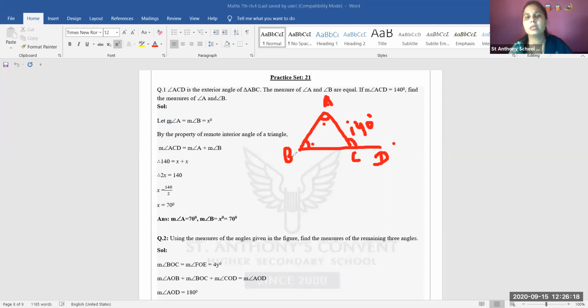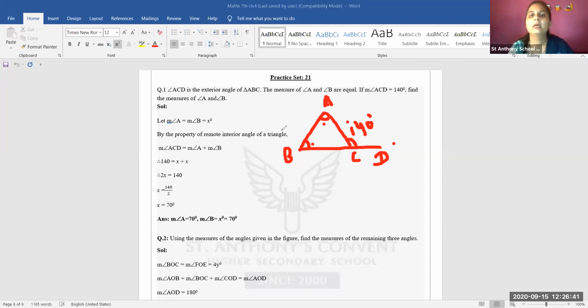Angle ACD is an exterior angle of triangle ABC, and angle A and angle B are the interior angles and their measurements are equal. If measure of angle ACD is 140 degree, find the measure of angle A and measure of angle B.